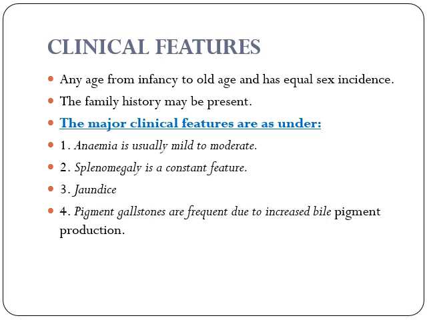Anemia is usually mild to moderate depending upon the severity of hemolysis. Remember that hemolysis is due to what? Because abnormal RBC is trapped in the spleen and the spleen increases its size for the hemolysis. So splenomegaly is a constant feature.